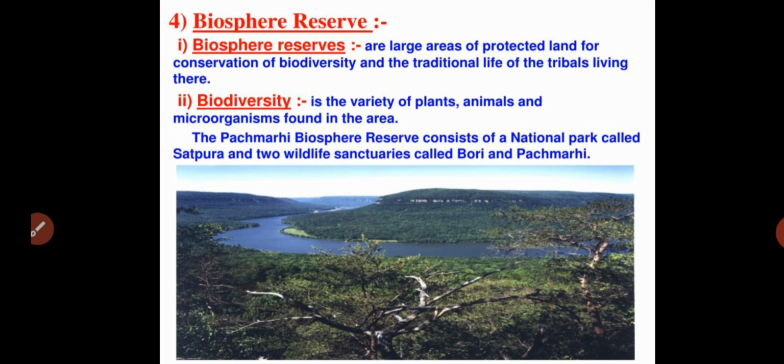The Pachmarhi Biosphere Reserve consists of a national park called Satpura, and also contains two wildlife sanctuaries called Bori and Pachmarhi.